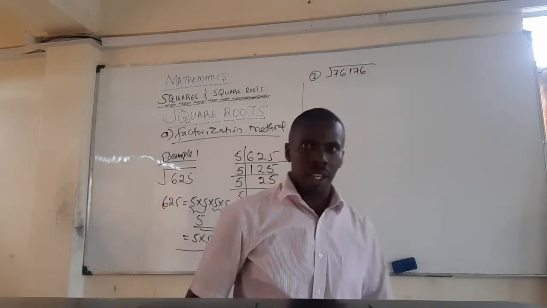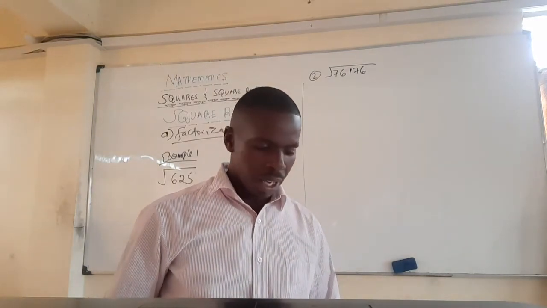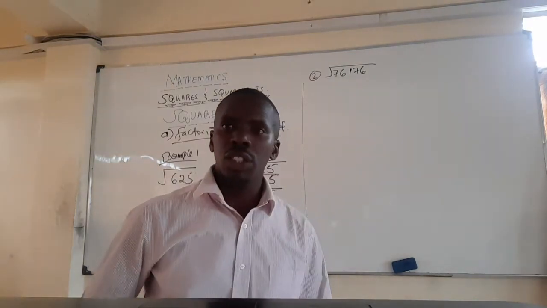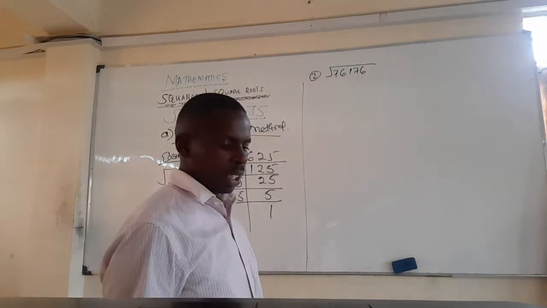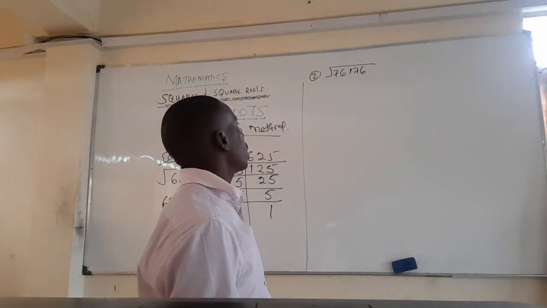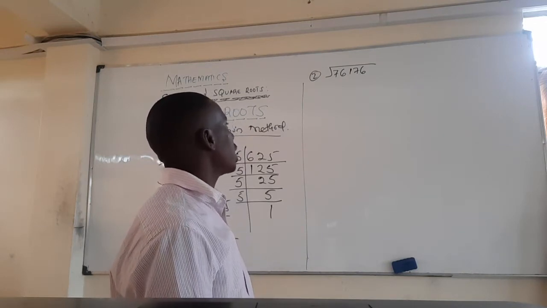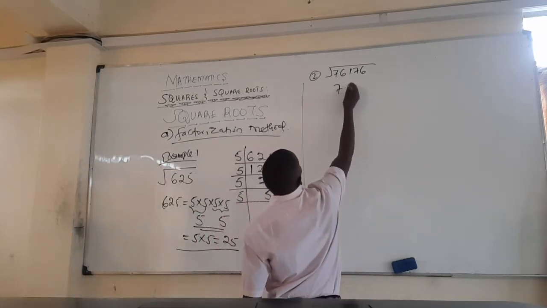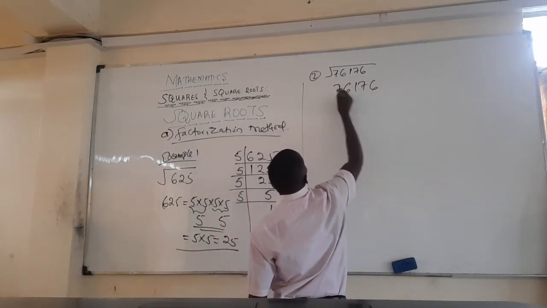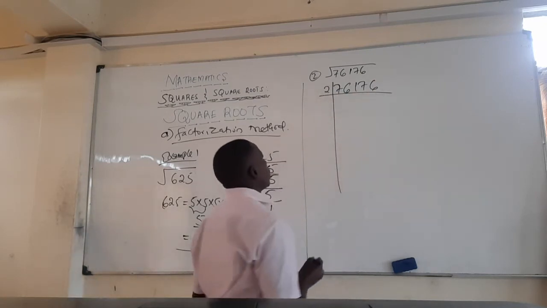I want to get the square root of that number using the factorization method. Here you are going to write 76,176 in its factor form, and you can have it like this. You can start dividing by 2.